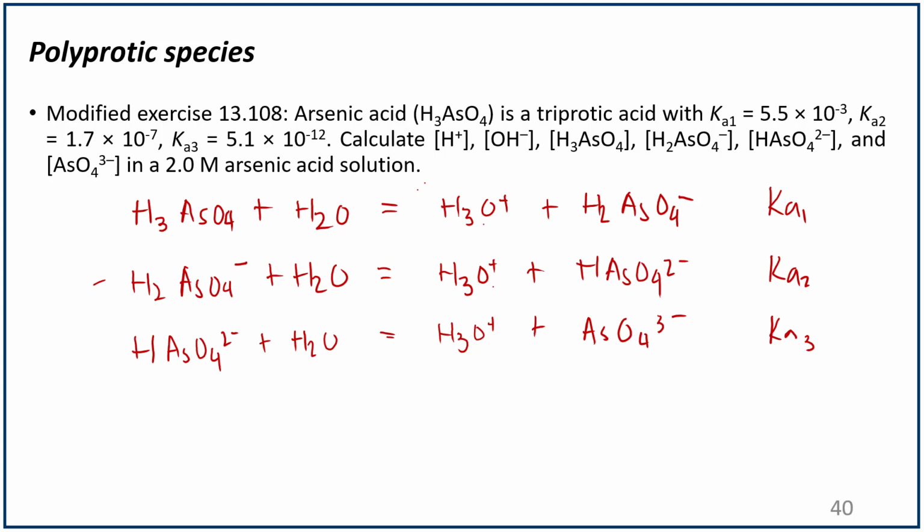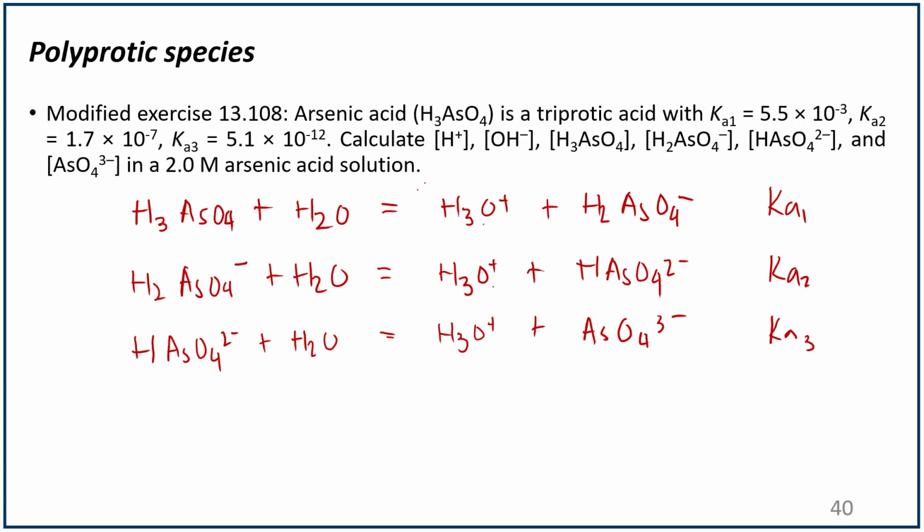Okay, so these are the three reactions that we're gonna consider. We have to write separate ICE tables for this one. Okay, and again, notice that Ka1 is the largest value among the three Kas. Okay, so that's important to know, especially when we calculate for hydronium ion concentration later.